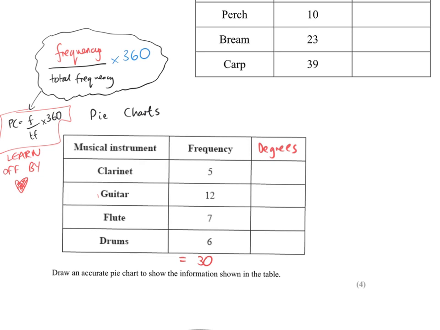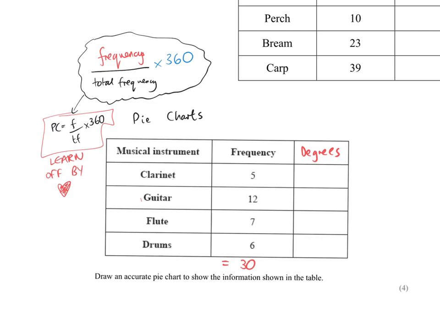Now I'm going to use the formula that we just talked about, F over TF times 360. So what am I talking about? In this box here, I'm looking at the frequency I've got here. The frequency that I've got here, I just highlighted it, was 5. So I do 5 divided by the total frequency, so how many were there in total? There were 30 in total.